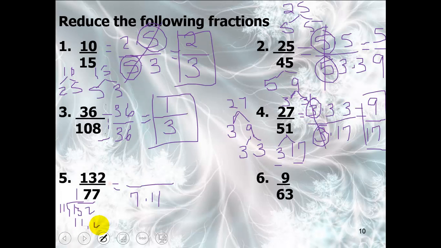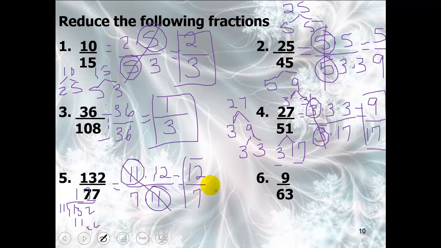Bring down the 2, and then I get 2. So this is 11 times 12. Now I have an 11 in both top and bottom, and so I can easily write it as 12/7, just like this.